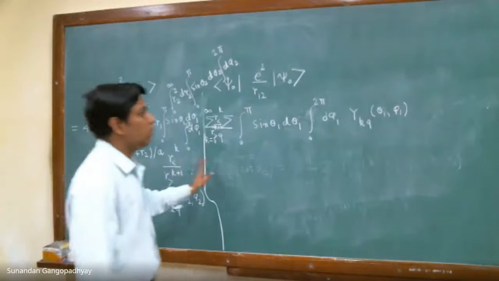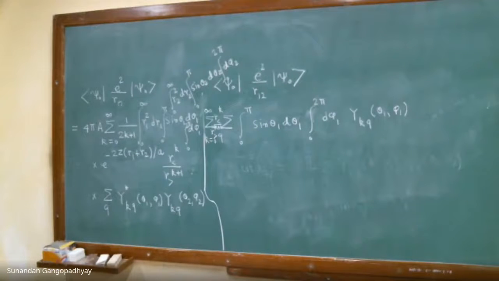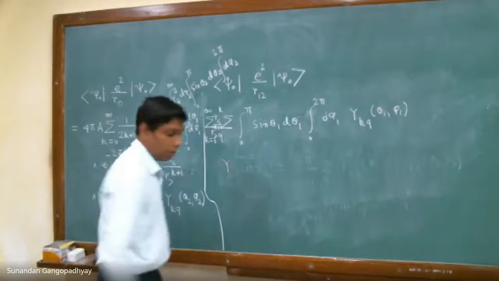So we need to do this integral, and it turns out that you know the relation between the spherical harmonics and the associated Legendre polynomials. So let me just write it down here.